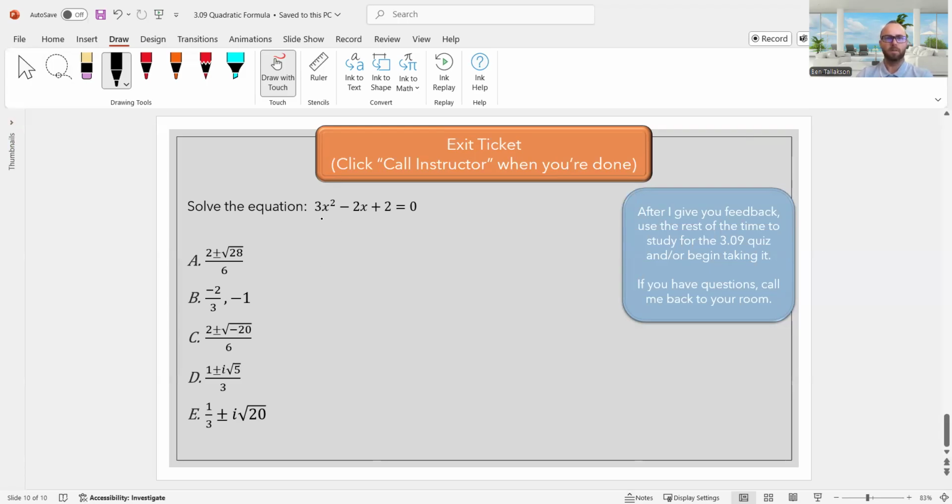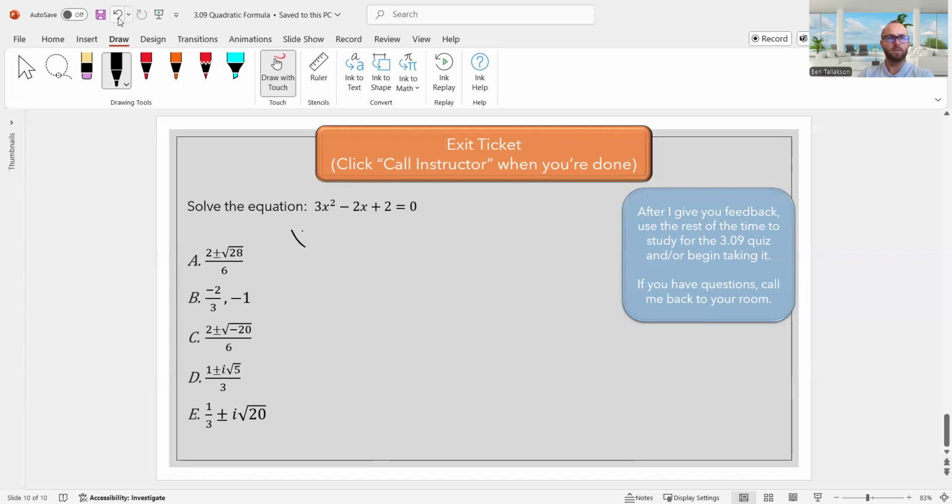Okay. Dividing everything by 3, that's just going to make things messy, right? Lots of fractions. Can't just jump to the x method because leading coefficient is not 1. So personally, I'm going to use the quadratic formula.